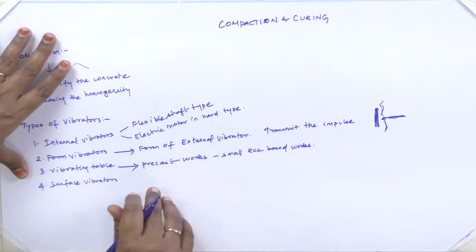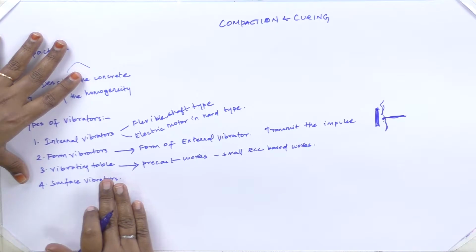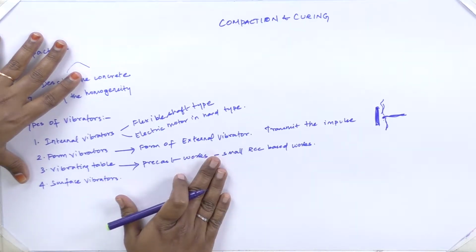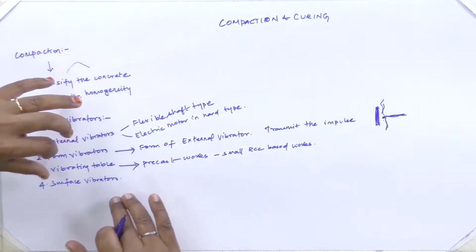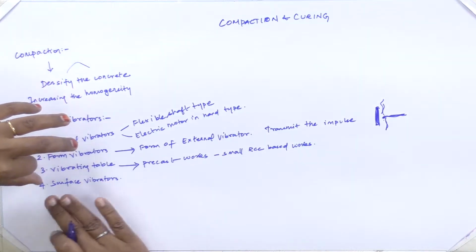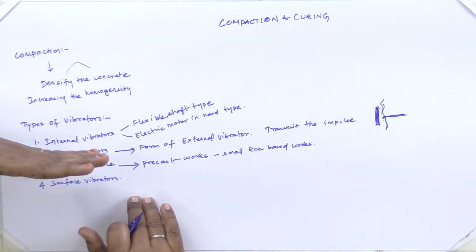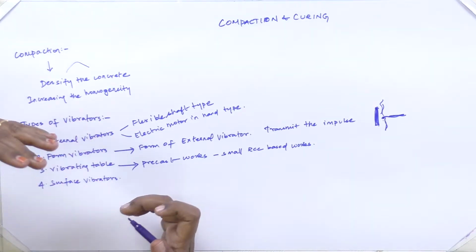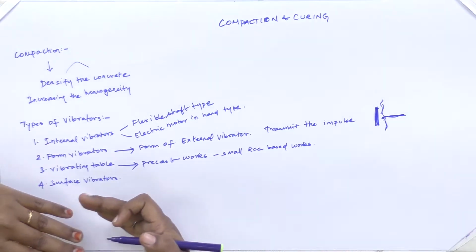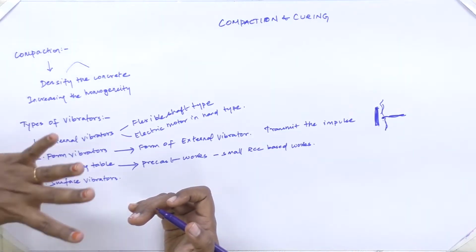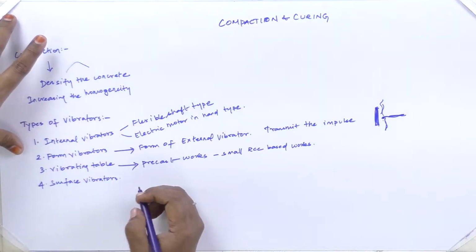And these surface vibrators will be placed on the top surface of the concrete, and the impulse will pass below, so that the concrete will get compacted.